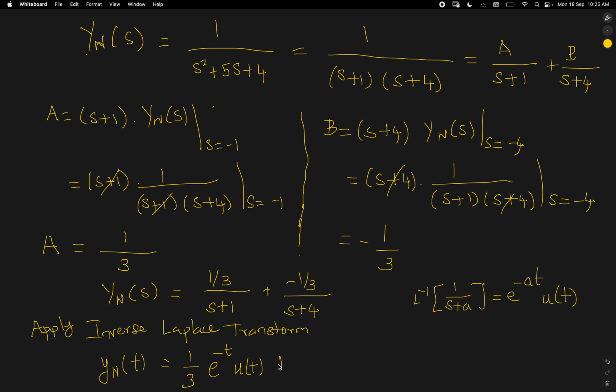In the second term we are having minus 1 by 3 as the coefficient, and instead of a we are having 4, so e power minus 4t u of t. So this is the natural response of the system.